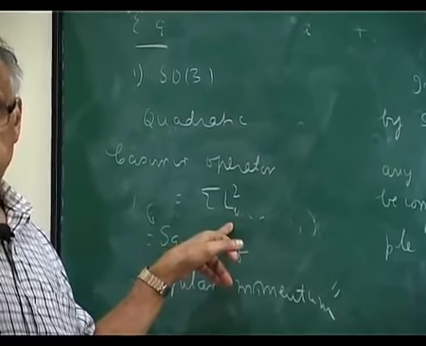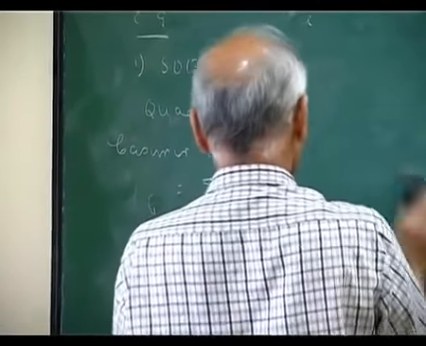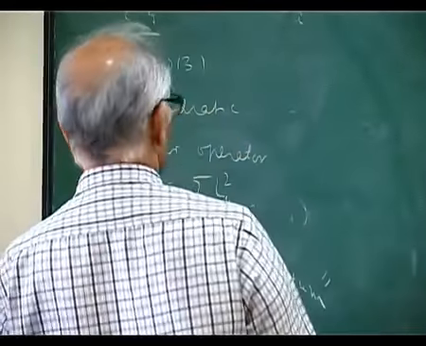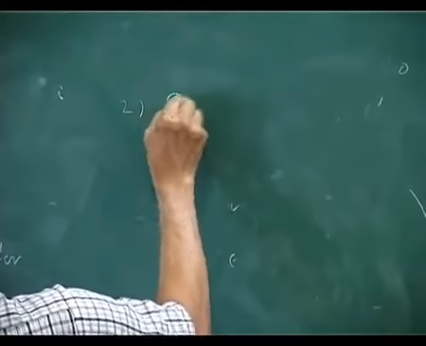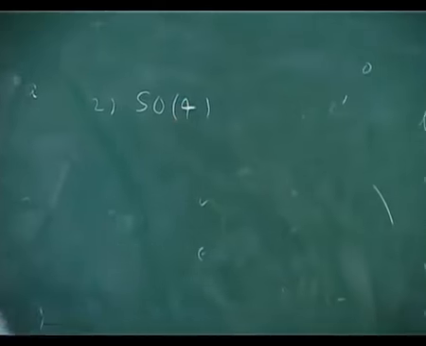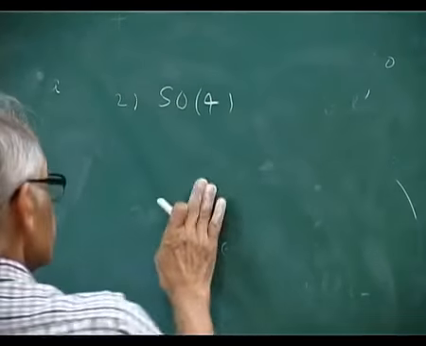For SU(N), or if you take SO(4), what are the generators?